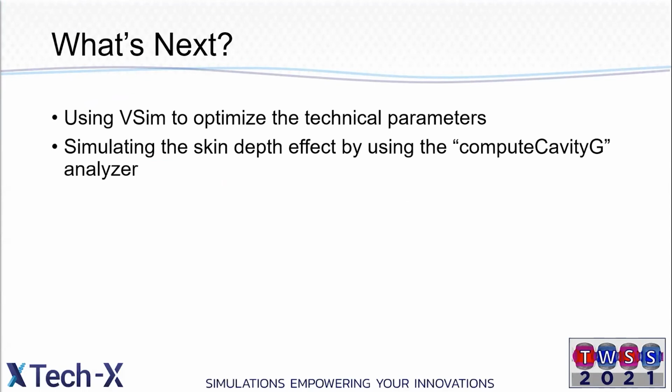And Dr. Vachant expressed that he would also like to simulate the skin depth effect to get a more accurate, realistic simulation, since we're dealing with a very high frequency here. So VSim has an analyzer called Compute Cavity G that is specifically designed to aid solving problems like this. And this is currently ongoing work.